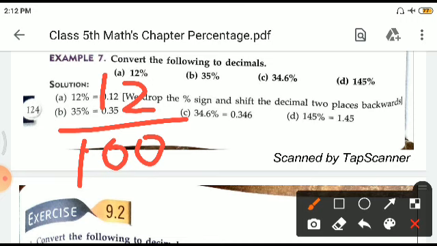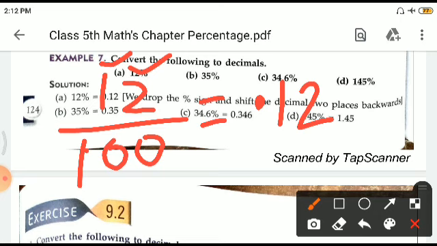100. Now see, in this numerator 12, we have a units number and a tens number. We are not having any number which is the hundredths one. And the denominator is 100. Right? So we will simply put a decimal in the beginning and then 1, 2.